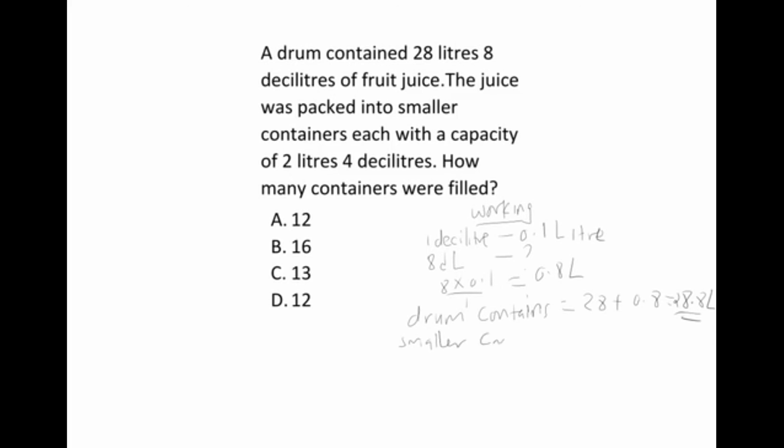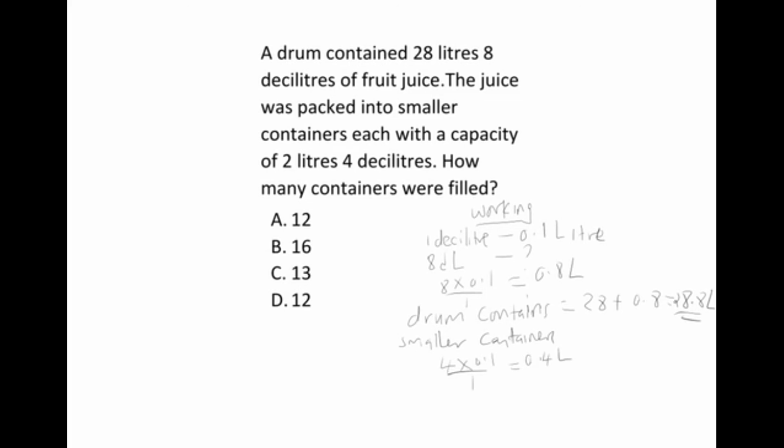Then we have our smaller containers. Our smaller containers are of 2 liters 4 deciliters. We convert the 4 deciliters to liters. So we have 4 times 0.1 over 1. This gives us 0.4 liters.